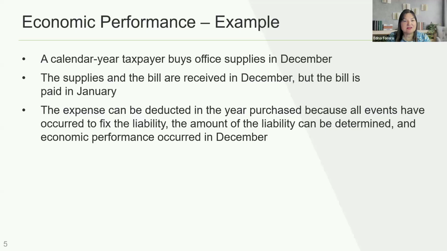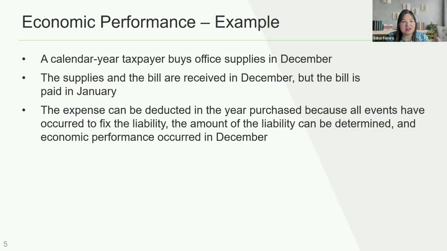All right, so here's a quick example for you of looking at economic performance. A calendar-based taxpayer buys office supplies in December, and most of our small businesses, most of our taxpayers actually use the calendar year method. So we'll find that to be pretty common, just like the cash or accrual in this case. The supplies and the bill are received in December, but they pay the bill in January.